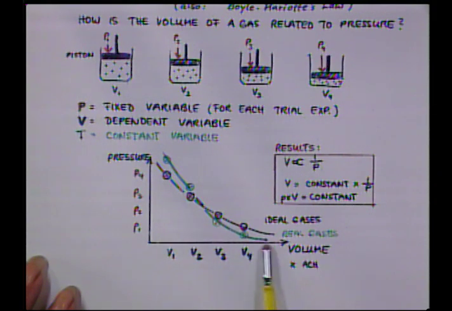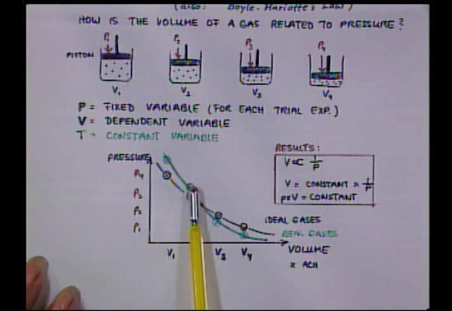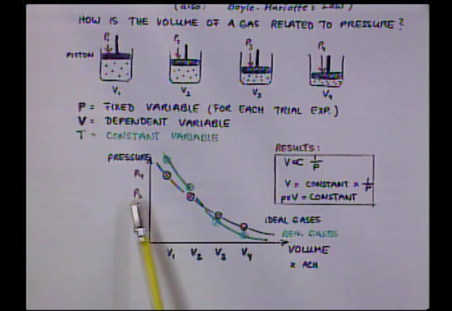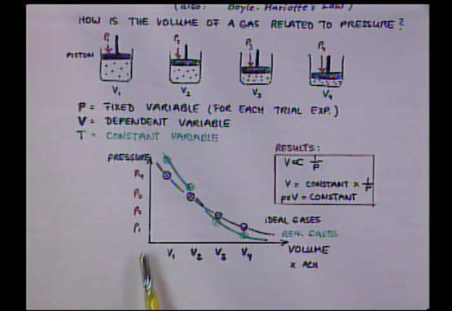So if we graph the data, then we get a curve that has a downward trend. So here we have the increase of pressure on the y-axis, and the x-axis has the increase of volume.